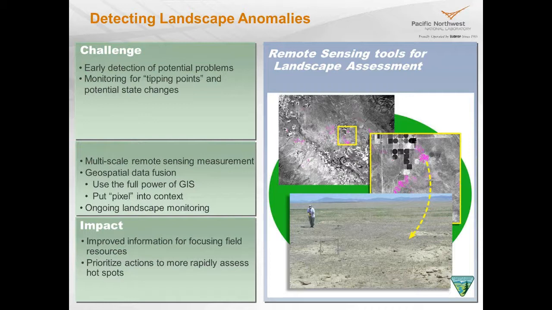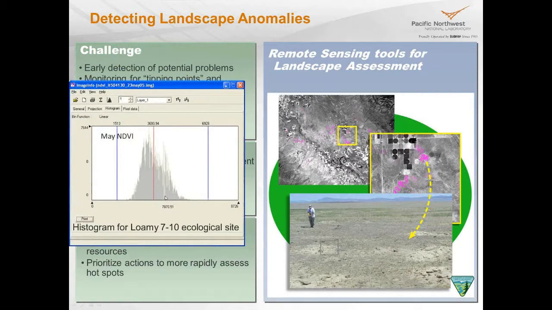The graphic on the right is just southeast of Boise, and the yellow inset shows where we identified some very detailed anomalous regions, spatially detailed at a very fine scale. Via field visits, we see that indeed that is a site of very low productivity and potential management concern.